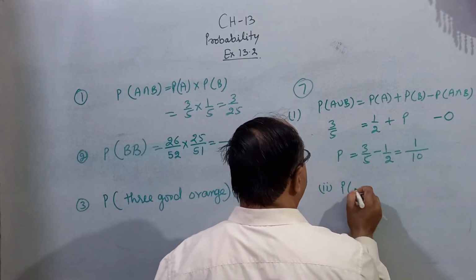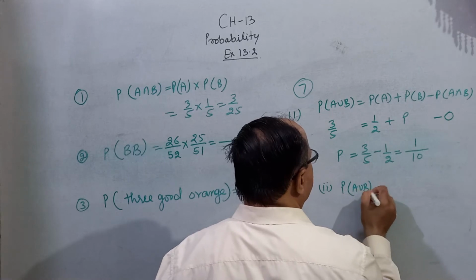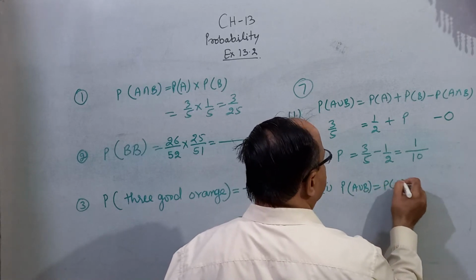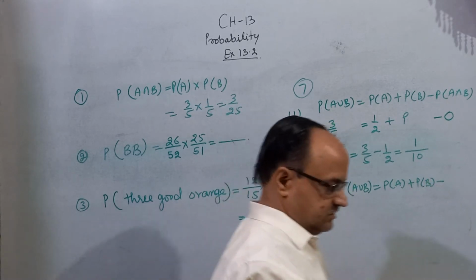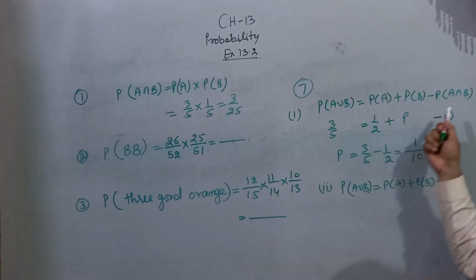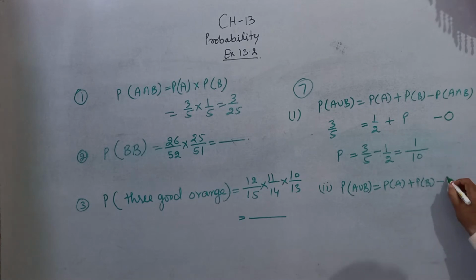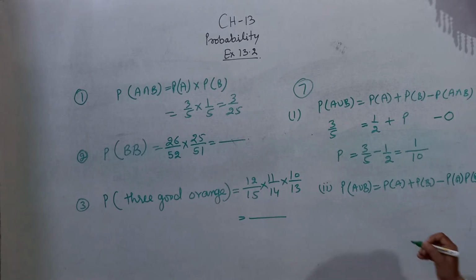And in the second part, probability of A union B is equal to probability of A plus probability of B minus probability of A intersection B. In this place you can write probability of A into probability of B, because it is the case of independent events.